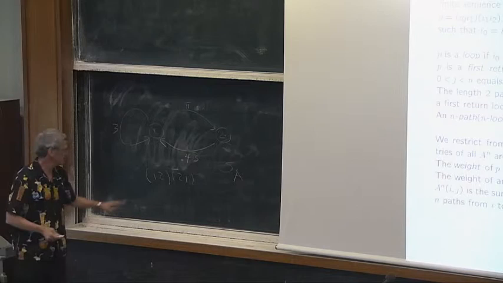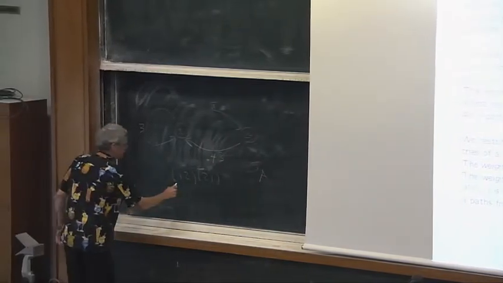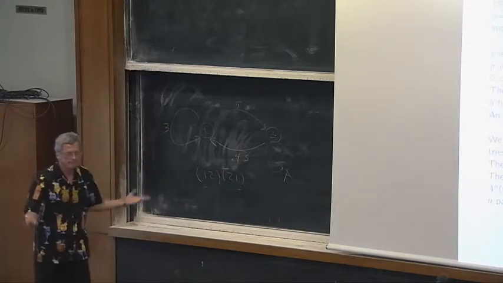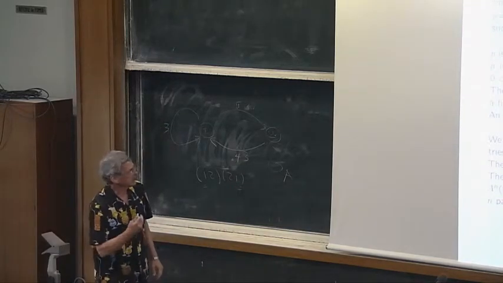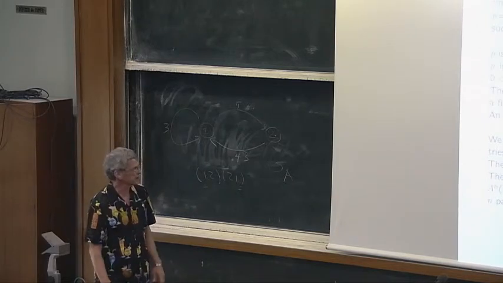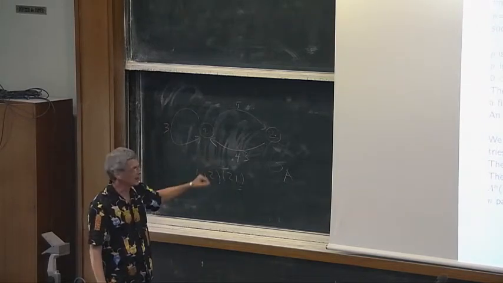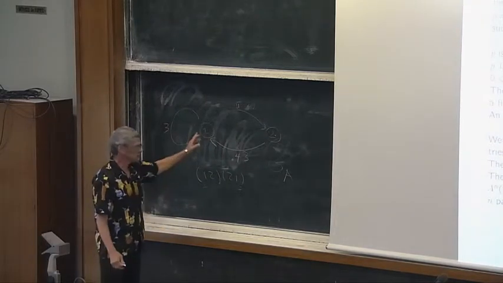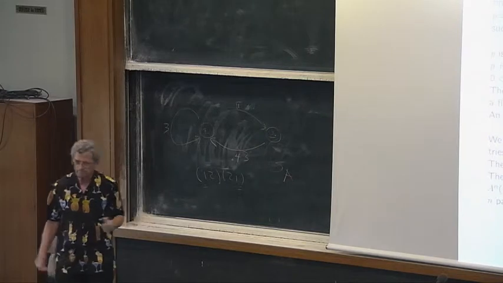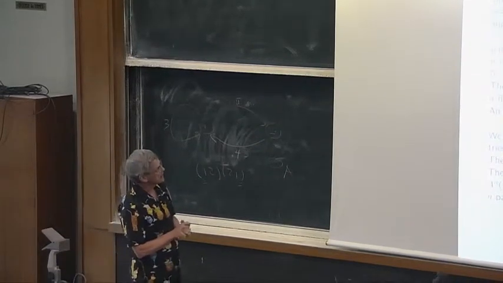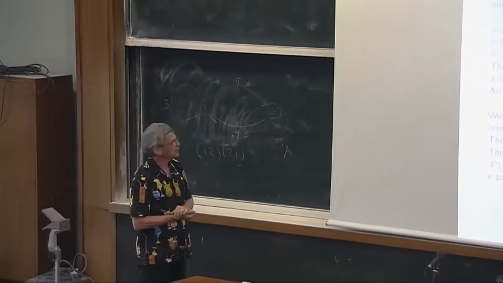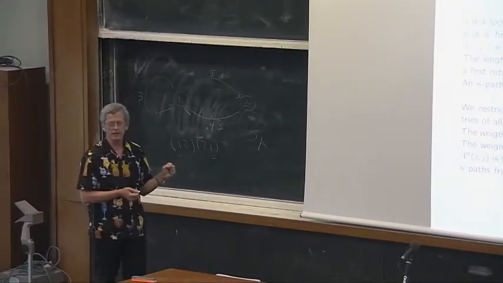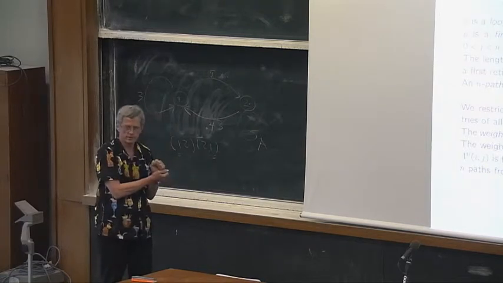So there's a path of length 2, those two edges. There's an initial vertex and there's a terminal vertex. So we have a path from the initial vertex to the terminal vertex corresponding to some legal transitions in the graph. This path is a loop if the initial and terminal vertex are equal. And it's a first return loop if along that path I never return to the initial vertex before the terminal vertex.